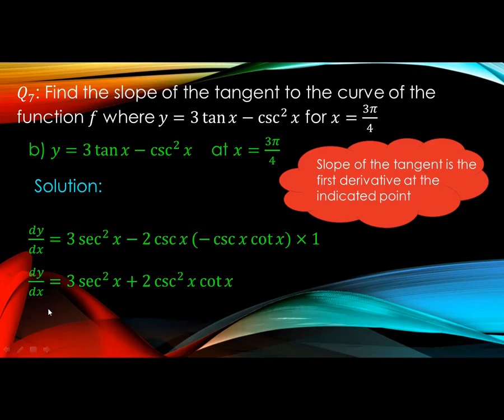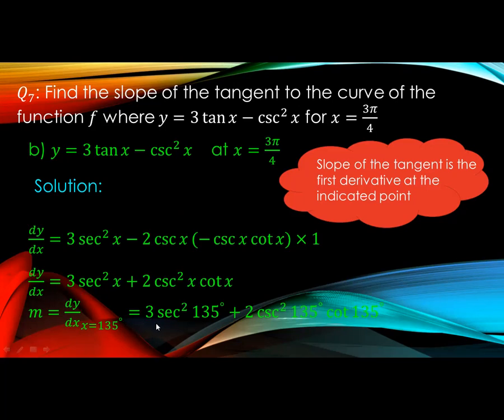dy by dx equals 3 sec squared x plus 2 cosec squared x cotan x. It is the final result for the first derivative of the given function. To find the slope, we label it by letter m, and we know the slope is the numerical value of the first derivative at x equals 3 pi over 4 in radian measure, which is equivalent to 135 degrees.